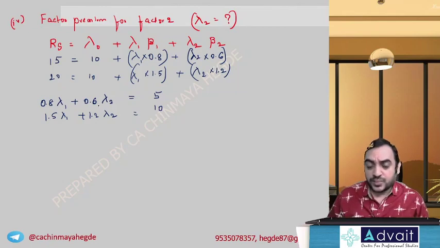We'll multiply by the respective coefficients to make them the same. Here we have 0.8 and 1.5, so multiply the first equation by 1.5 and the second by 0.8.